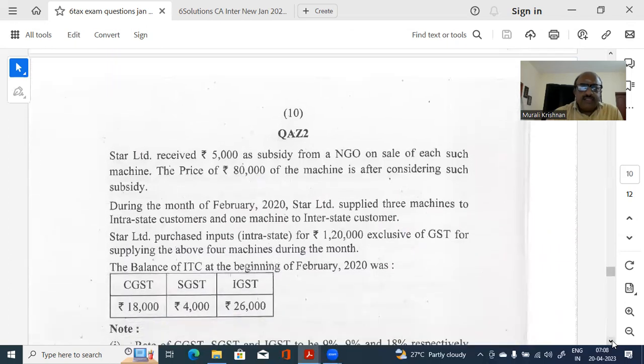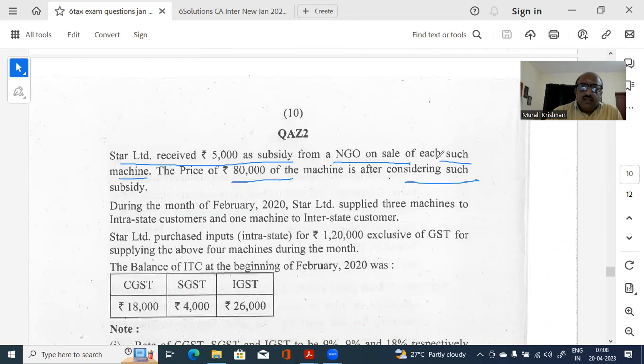Now, next is again complicating it. It is not given there, but it is receiving 5,000 as subsidy from an NGO for sale of each such machine. The price of 80,000 is after considering that.